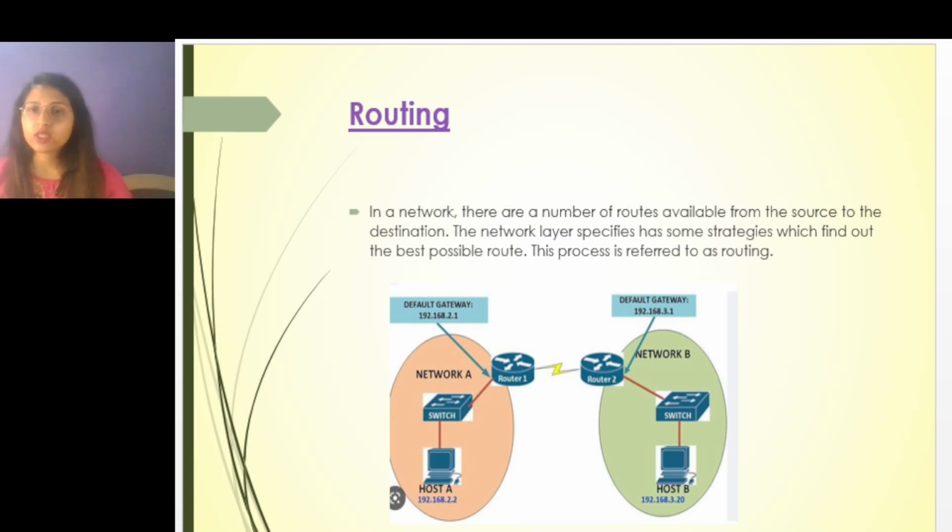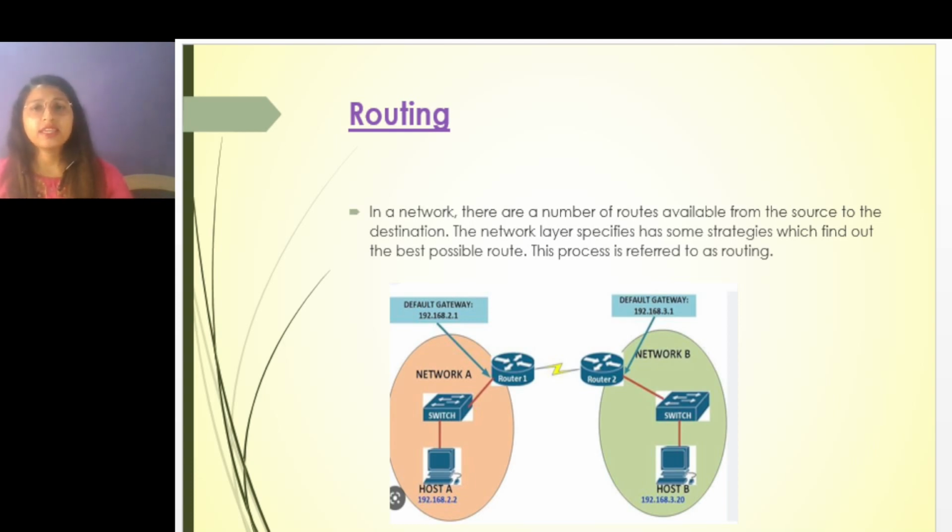The network layer is going to select the best possible route, and this process is known as routing. A number of routing protocols are used in this process, and they help the various routers to coordinate with each other and establish proper communication across the network.